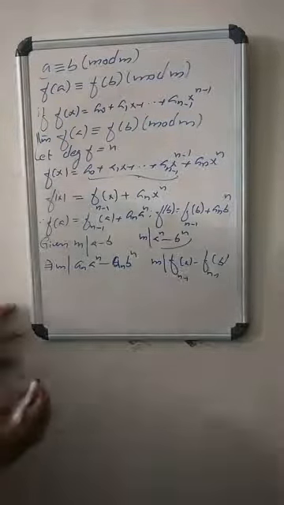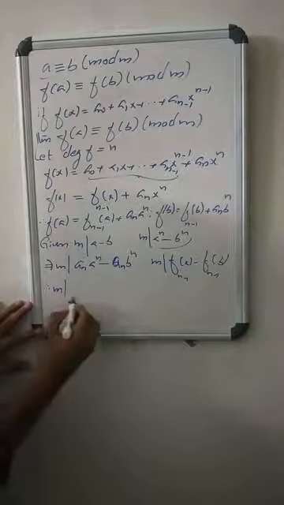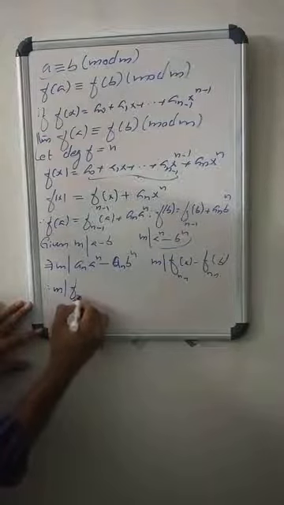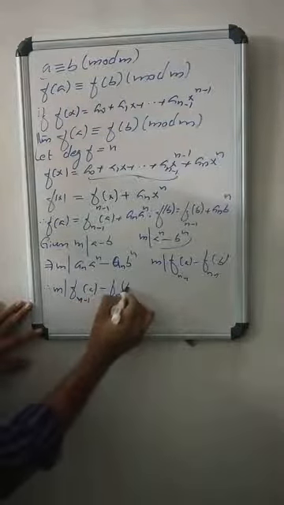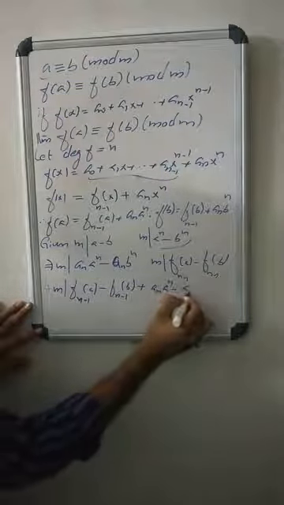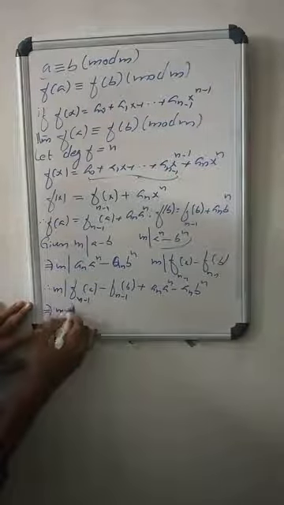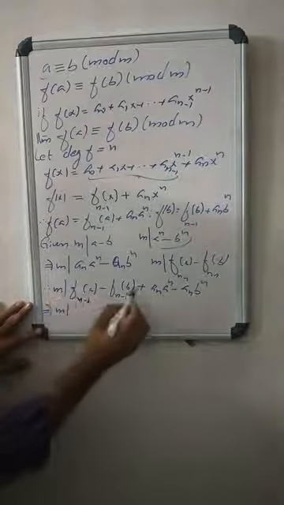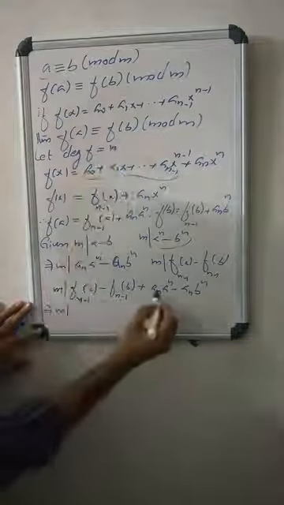Hence, m divides f_(n-1)(a) minus f_(n-1)(b) plus an a^n minus an b^n. You can associate. That means m must divide f_(n-1)(a) plus an a^n, minus f_(n-1)(b) plus an b^n.